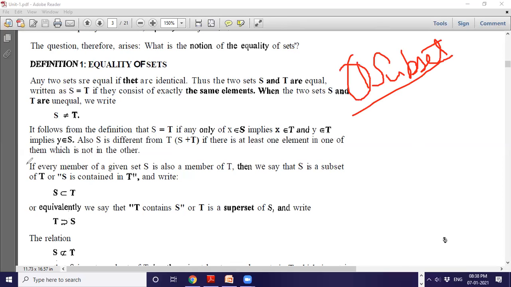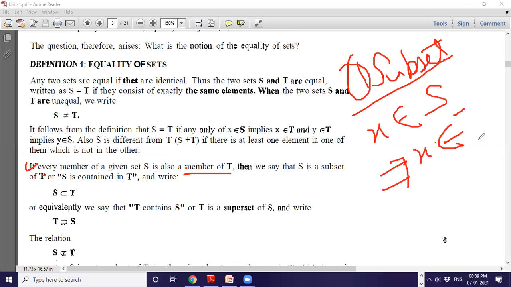So the definition of subset: if every member of a given set S is also a member of T, meaning if x is any element in S and x is in T also, then what will we say?